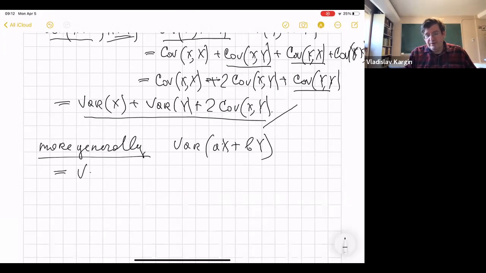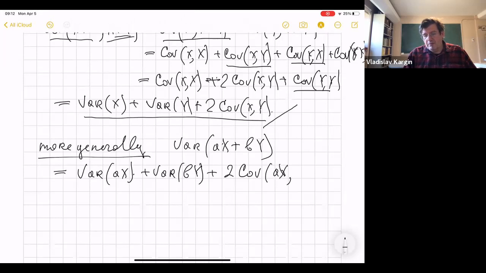So we write this as variance of ax plus variance of by plus 2 covariance of ax and by.